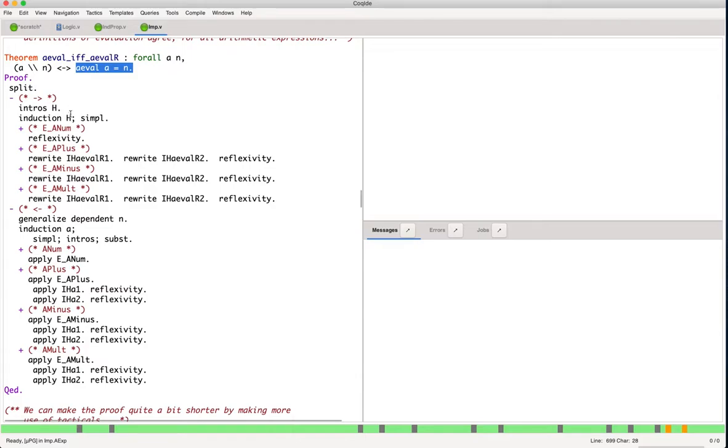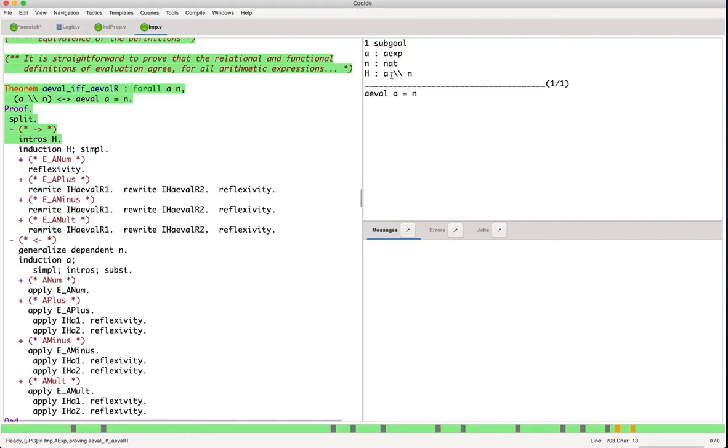For example here, the hypothesis is the relation that A is related to N. So the induction is being done on that relation. That's an inductive proposition, so we get one case for each possibility of the relation. And the proofs are pretty straightforward, either following directly or just using the inductive hypotheses.